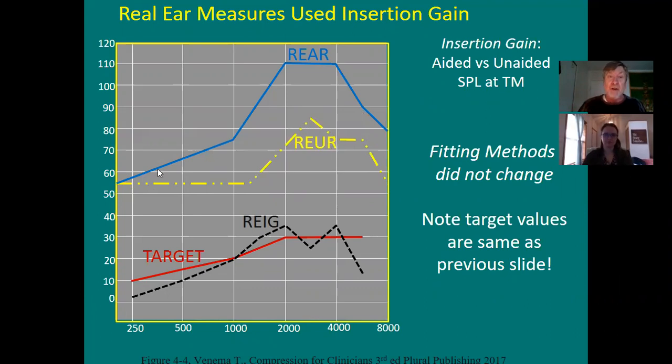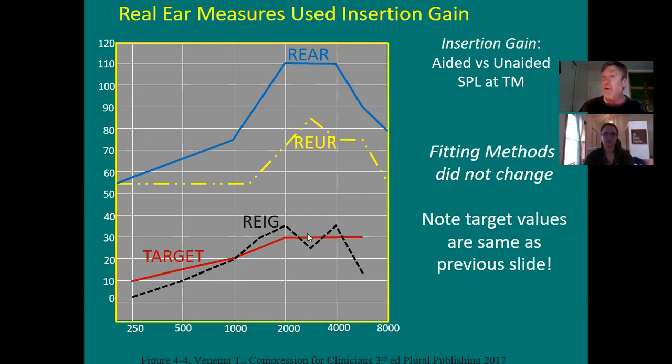And look at this, real ear aided response. Real ear aided response minus real ear unaided response gave us real ear insertion gain, REIG.